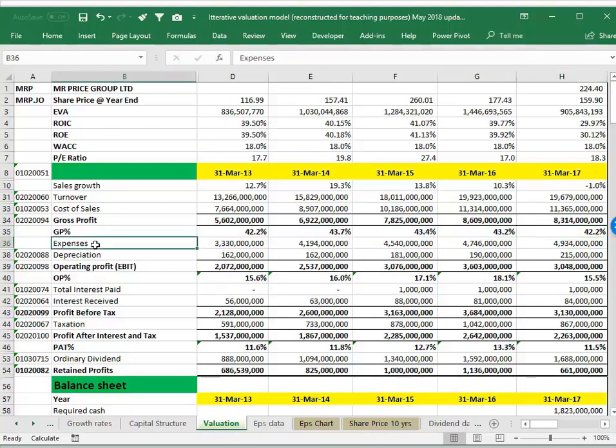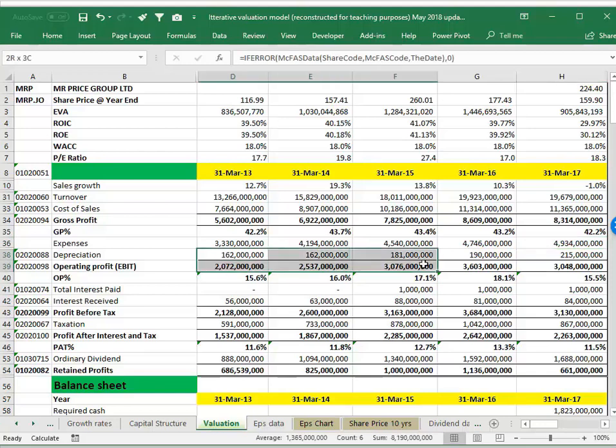Paying some expenses. So we can see here that in 2013, Mr Price was paying 3.3 billion in expenses, and here we're talking mostly salary and rental expenses would be the two highest components there. This is going up to 4.9 billion in 2017.